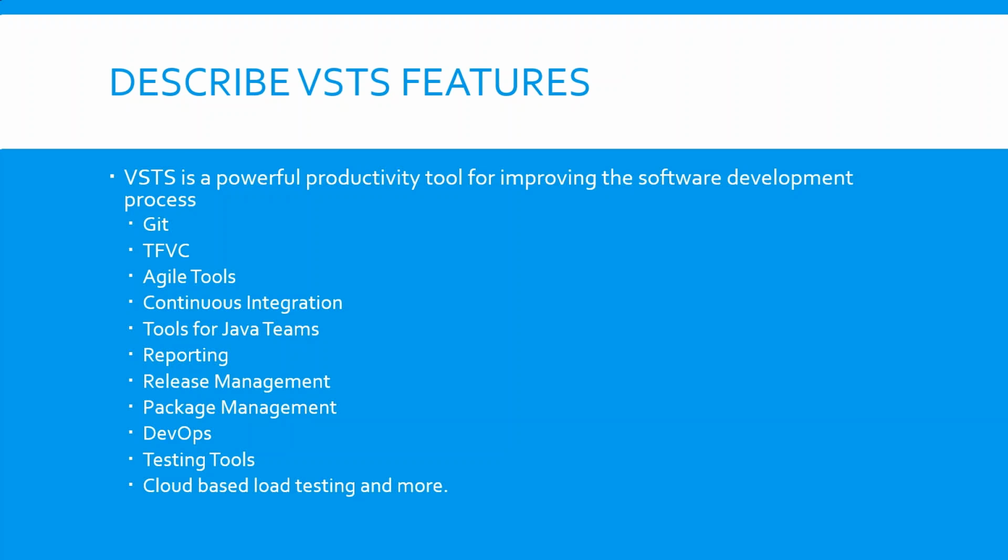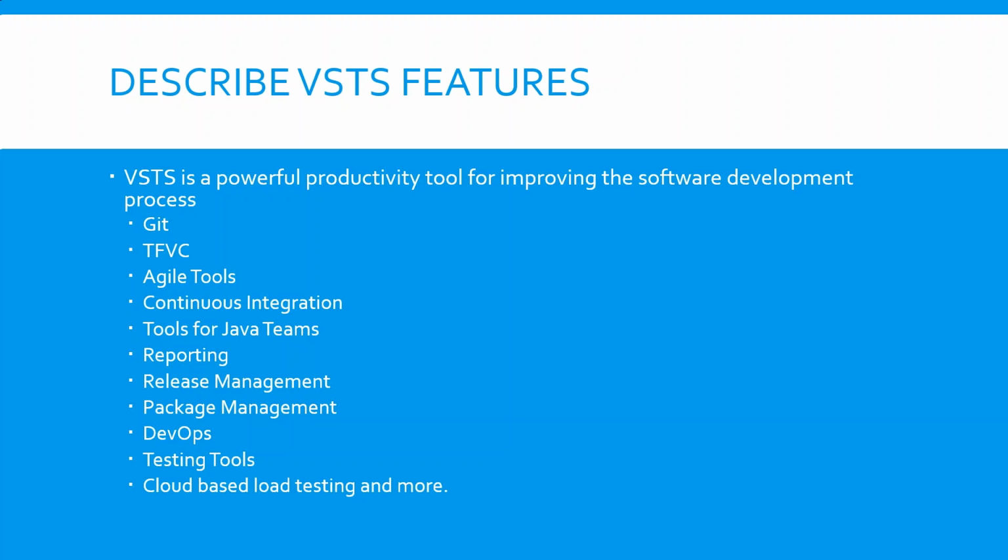So in Java, we can use Maven, and we can use our favorite IDE, Eclipse; everything is supported by VSTS. From a reporting standpoint, TFS and VSTS both have reporting ability, but both have lightweight reports, and complex data is hard to display graphically.